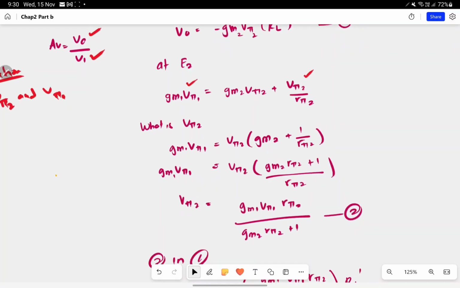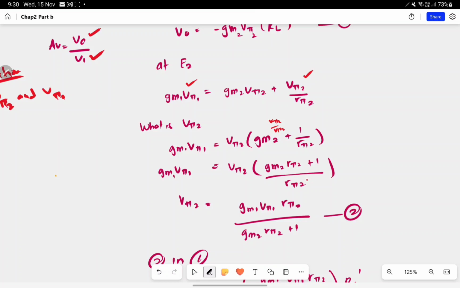And then to put them in the same denominator, I multiply by R pi 2 over R pi 2, to make the GM2 term equal with the 1 over R pi 2 term. So it becomes GM2 R pi 2 plus 1 over R pi 2. Okay.